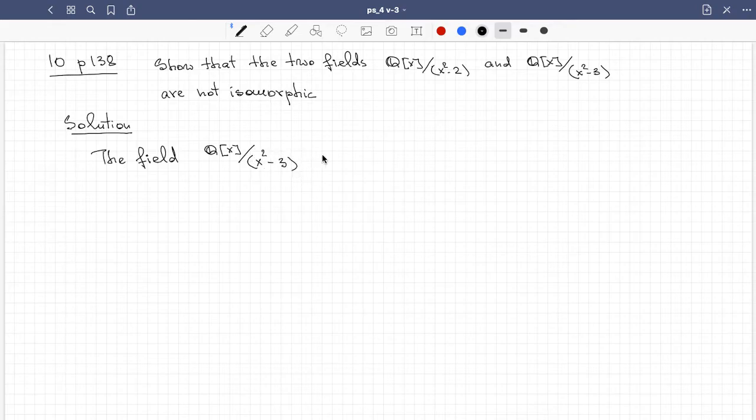This is a field because x squared minus 3 is an irreducible polynomial over the rationals. There is no rational whose square is 3, and a polynomial of degree 2 with no roots is irreducible. This field contains a root of this polynomial.